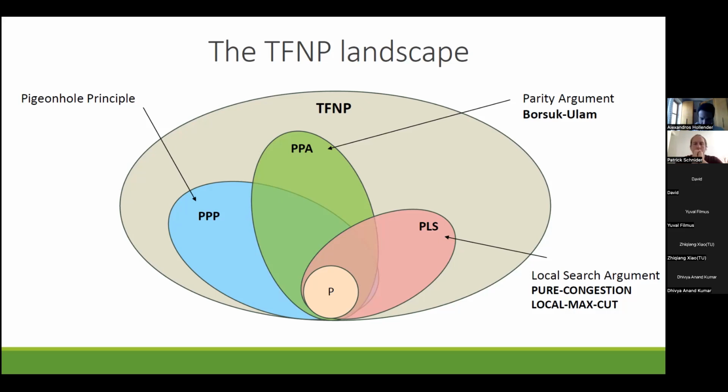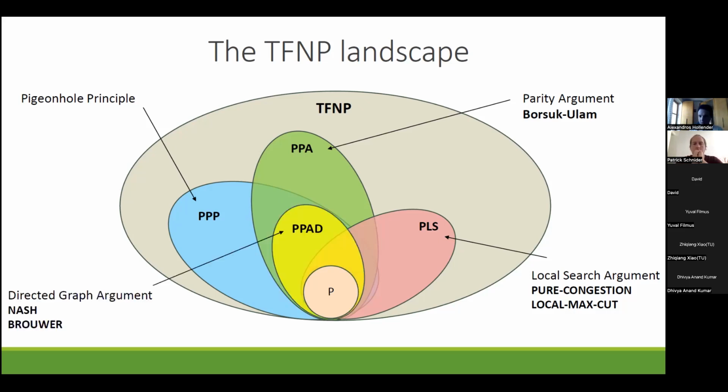And the last class I want to talk about is the one that we will mainly focus on in this talk, which is the class PPAD. So PPAD contains all problems whose existence or resolution can be proved by some sort of a directed graph argument. I won't say more about this now because we'll actually see the formal definition in a bit. So let me just mention that the class is mostly famous because the Nash problem is complete for this class.